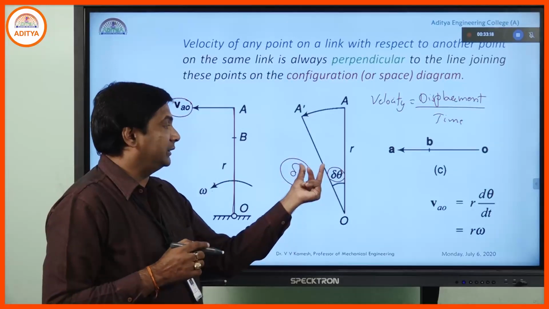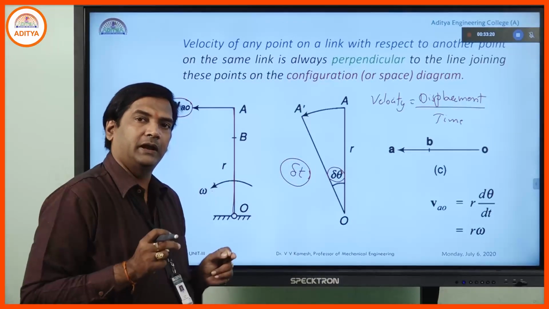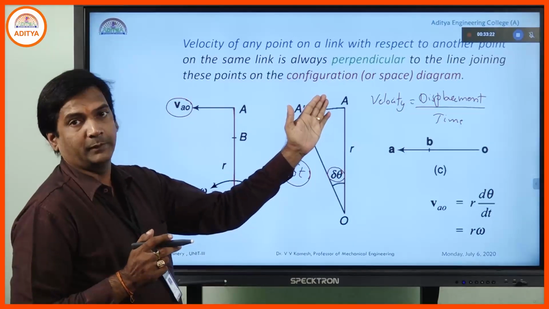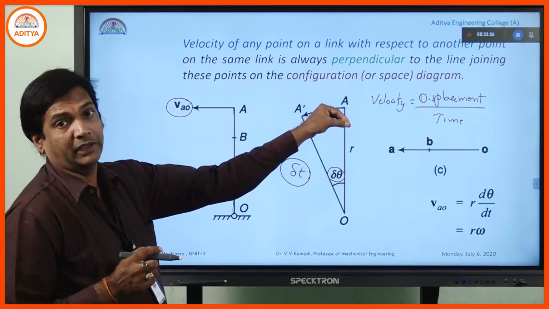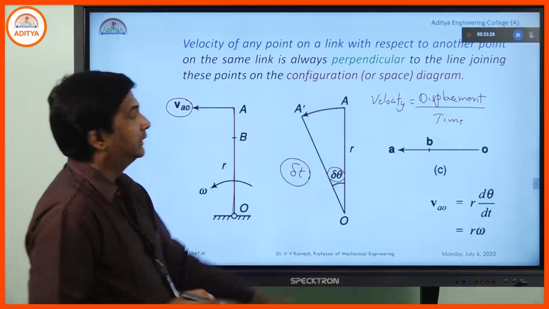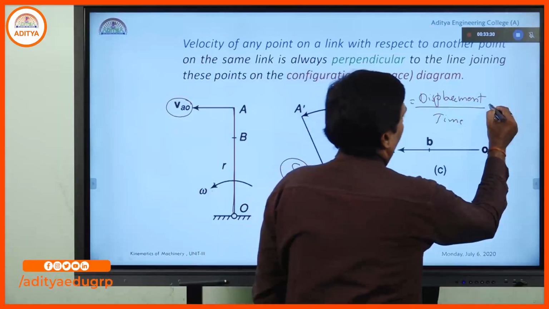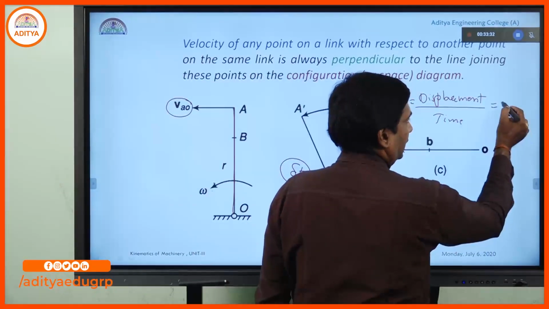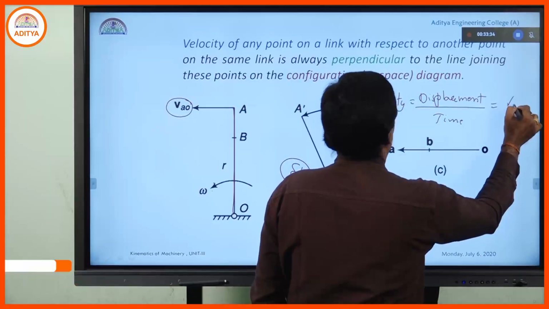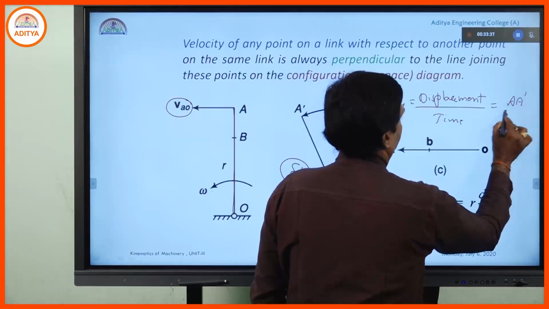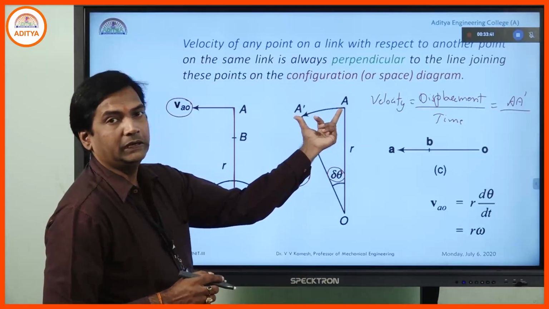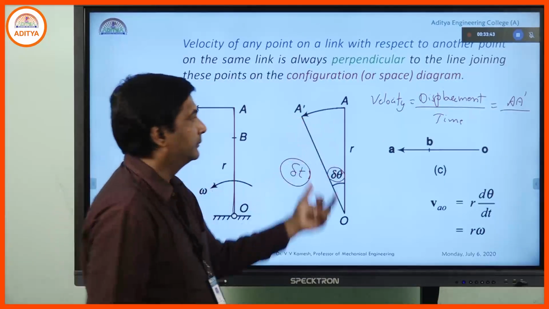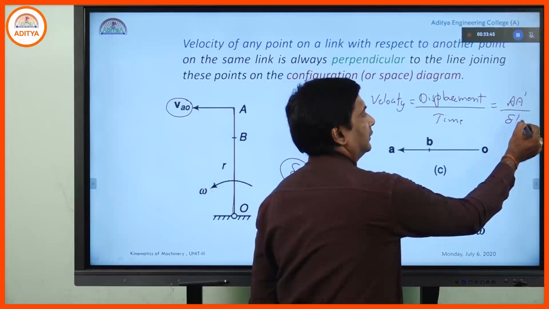Because we are considering a very small region, the displacement becomes an infinitesimal displacement and the time becomes an infinitesimal time, not bigger quantities. Now we are taking the displacement AA dash. How much did it travel, and in what time? It is delta t.